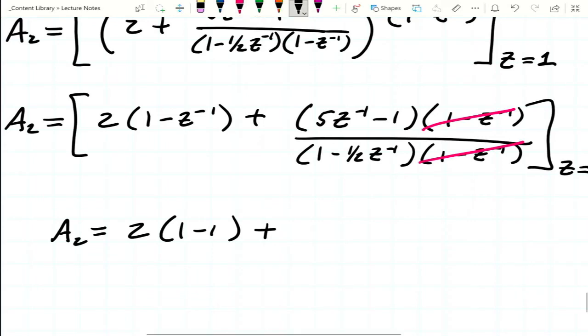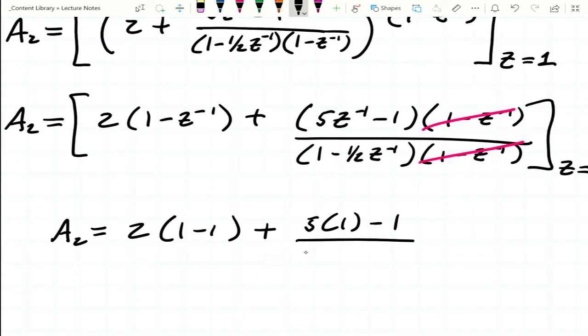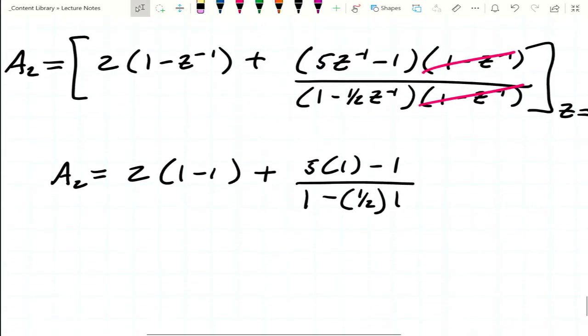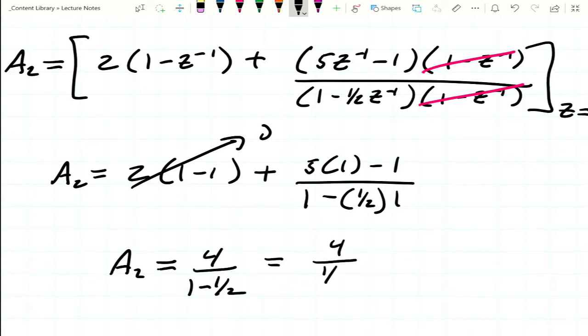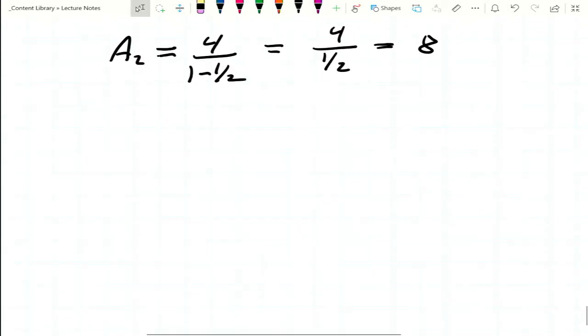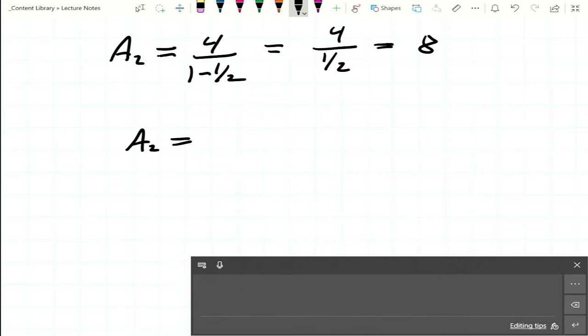These guys will cancel, so we'll just get 5 times 1 minus 1 over 1 minus 1 half times 1. That goes to 0. A2 is then equal to 4 over 1 minus 1 half, which is equal to 4 over 1 half, which is equal to 8. So therefore, A2 is equal to 8.